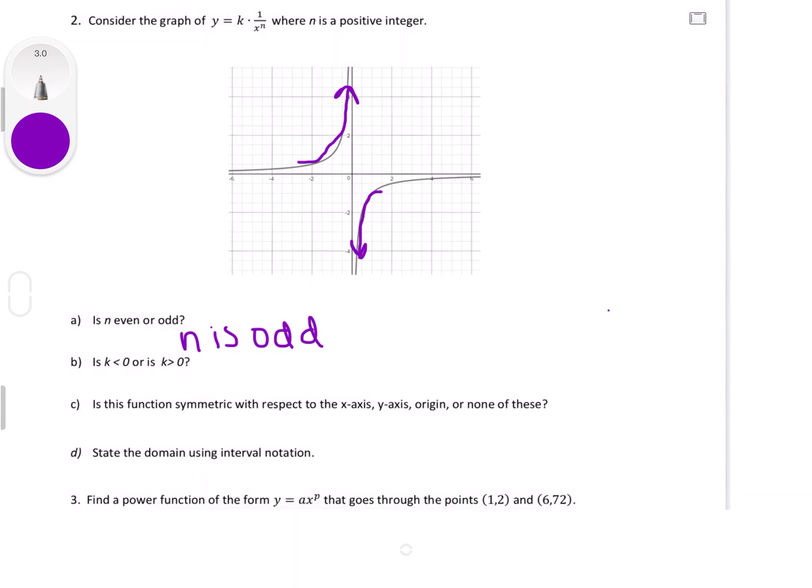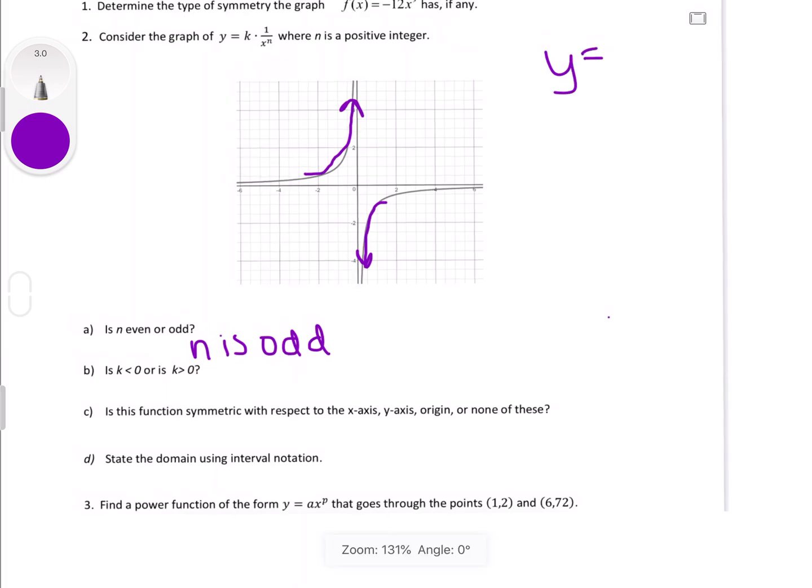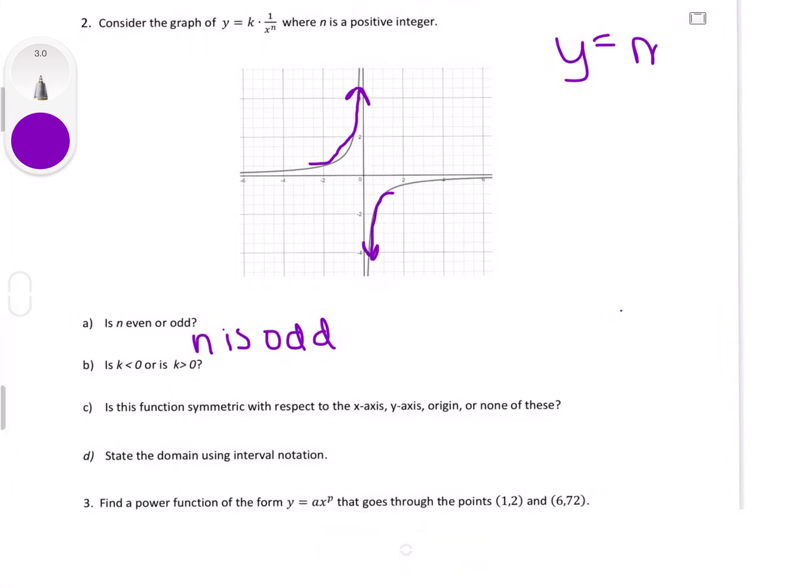Okay, and is our k less than 0 or greater than 0? So here I tend to think about k being kind of like our slope. So remember when we have a linear equation or a linear function, if our m was less than 0, we had a negative slope, right?